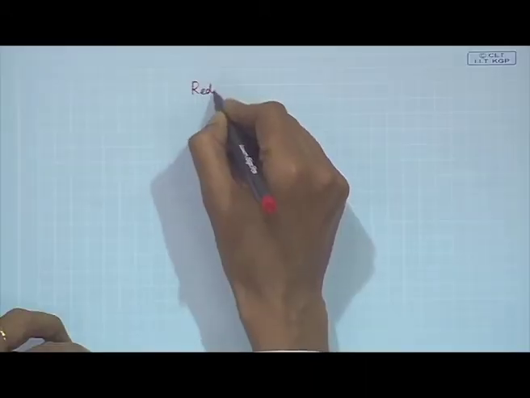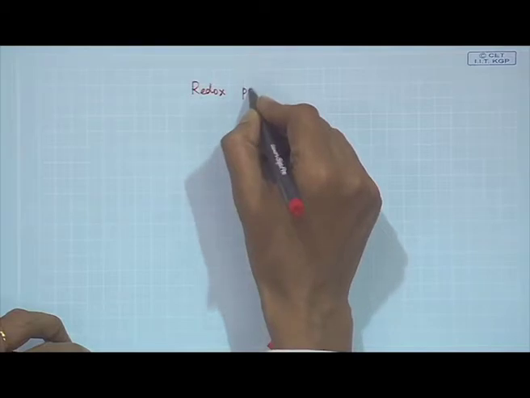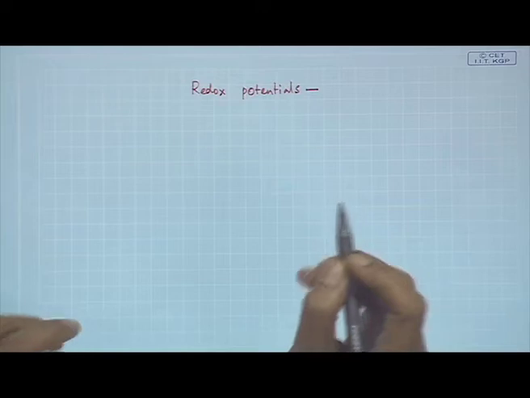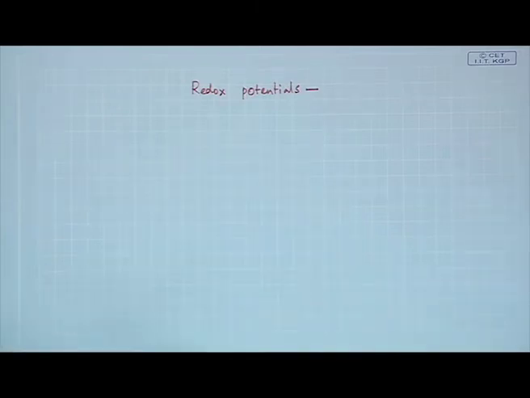Good evening everybody. So, we are still with the electrochemical methods of analysis, where we are talking about the corresponding redox potentials and how we can measure all these potentials that we have seen.